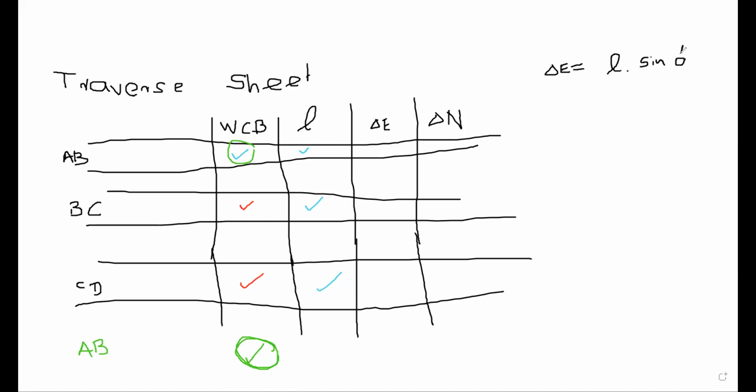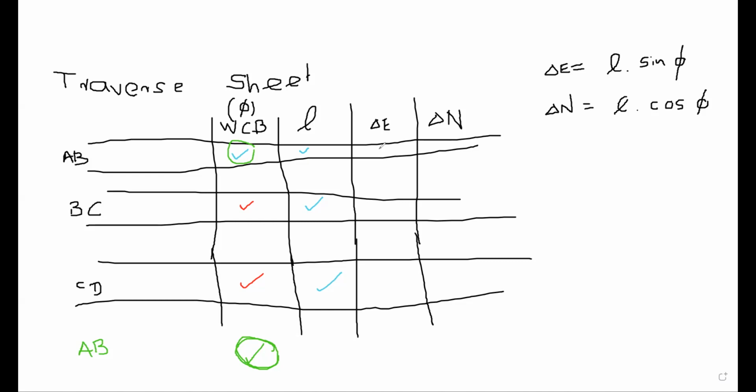I told you the importance of these two parameters and how to remember them if you have any doubt. Delta N is L cos phi. The whole circle bearing is phi, and the length is there, so it is a calculated one.